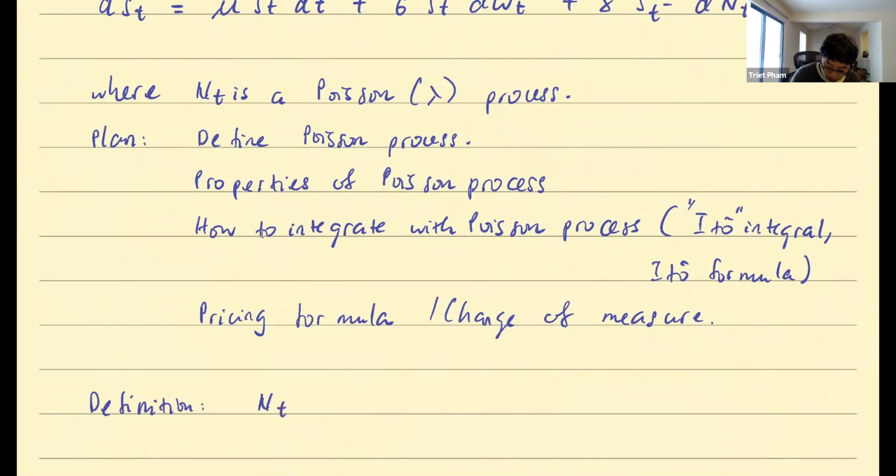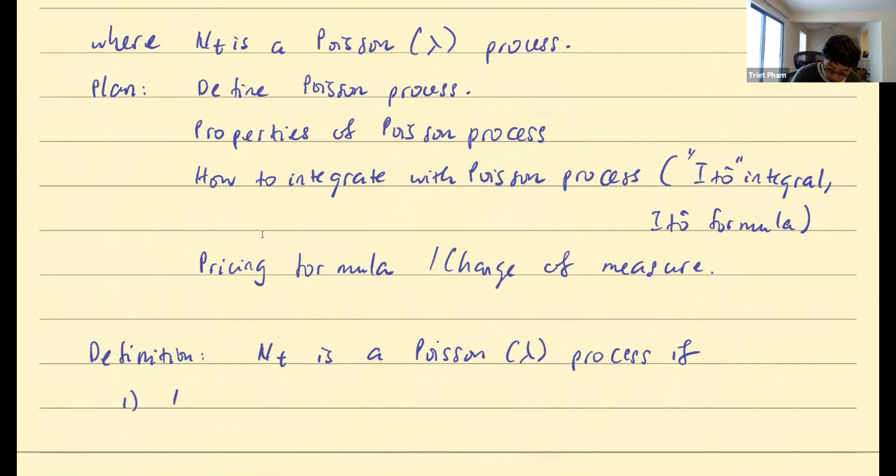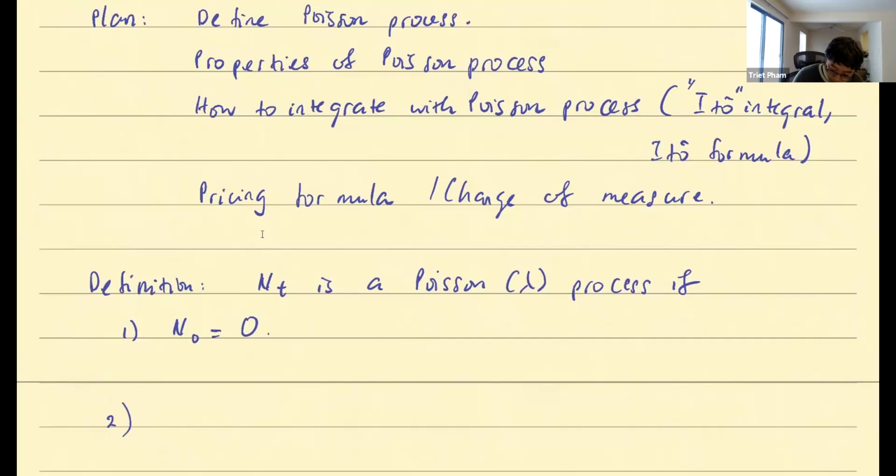So N_t is a Poisson lambda process if it starts at 0, just like Brownian motion, it starts at 0. And it has independent increments, also just like Brownian motion.